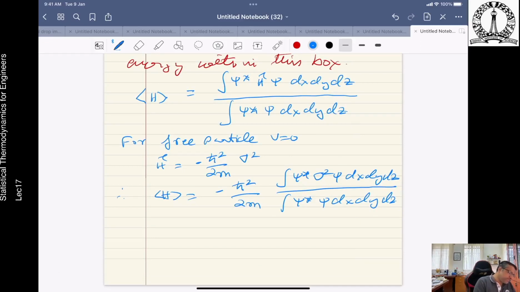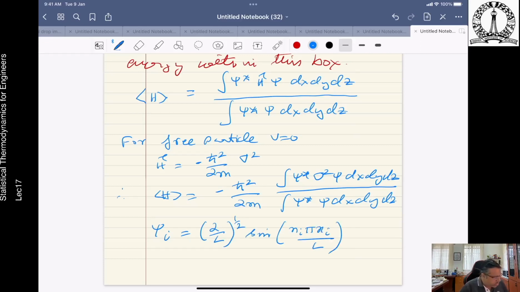If you look at the wave function ψ, you already found this, given by (2/L)^(1/2) sin(nπx/L).